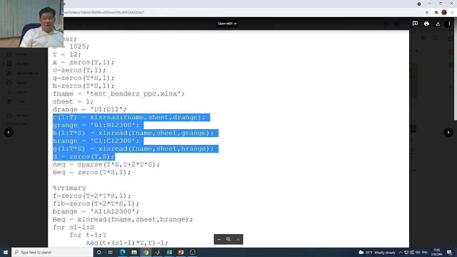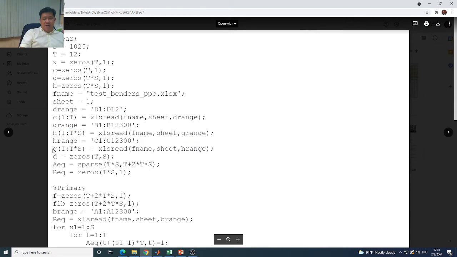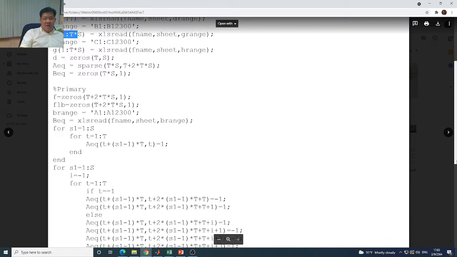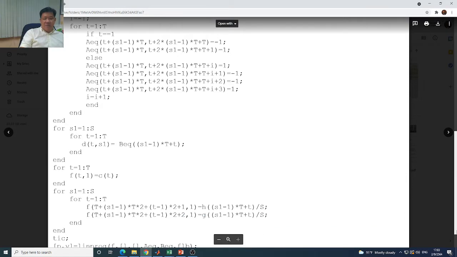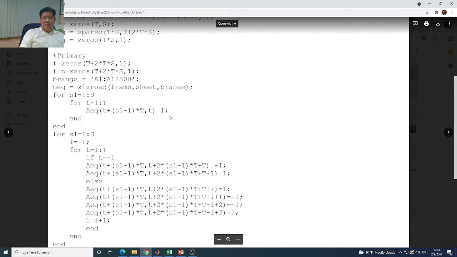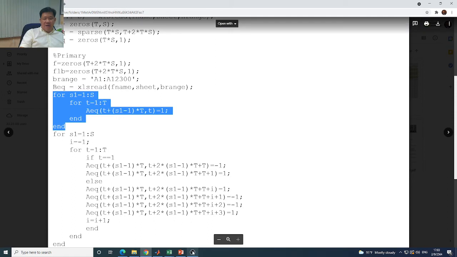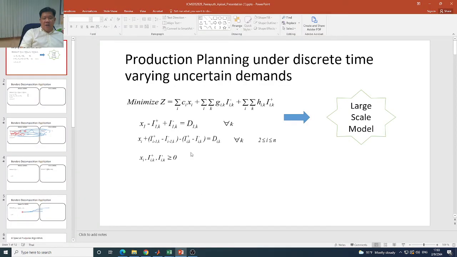We identify C, G and H here, and it all matches up with the parameters here. But now we're going to try setting up what we call the right hand side. The BEQ directly becomes the right hand side by reading the B range. But this one we start setting up by writing it in matrix form.